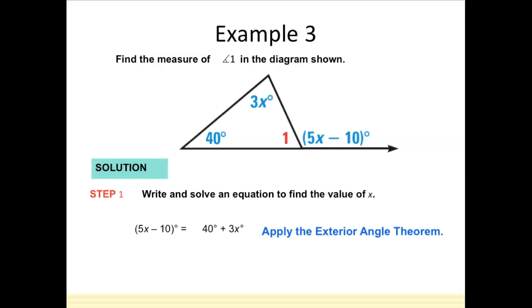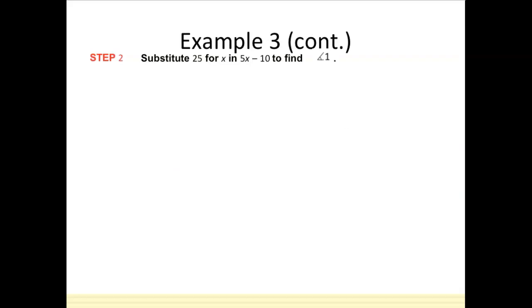Solving that, we have 2x equals 50. So we have x equals 25. So substituting 25 in for x in the expression 5x minus 10 is going to give us 5 times 25 minus 10, which is equal to 115.